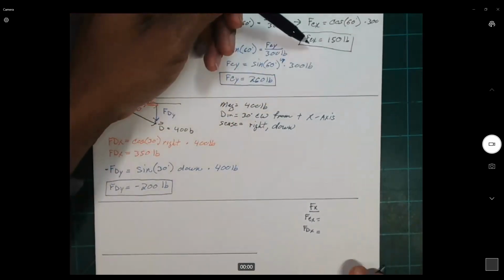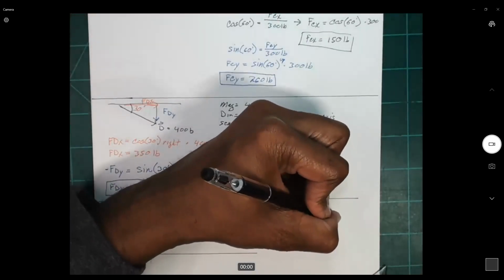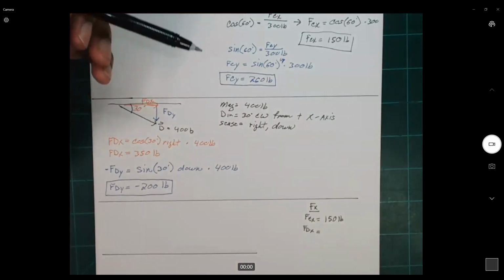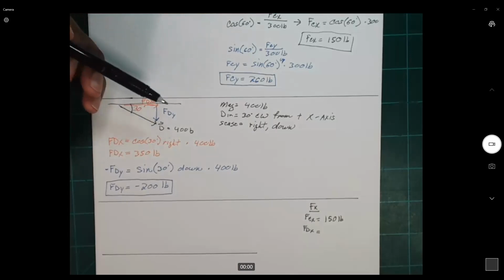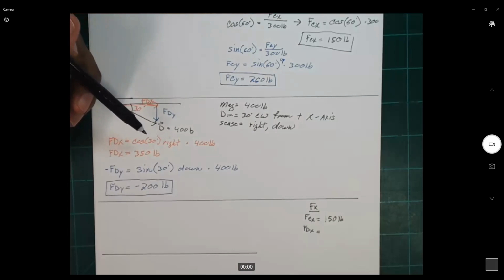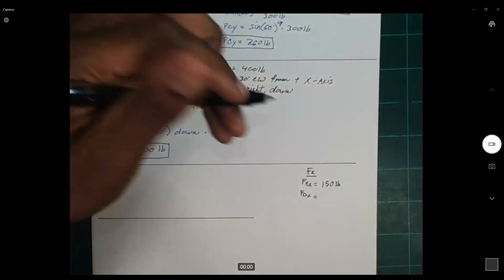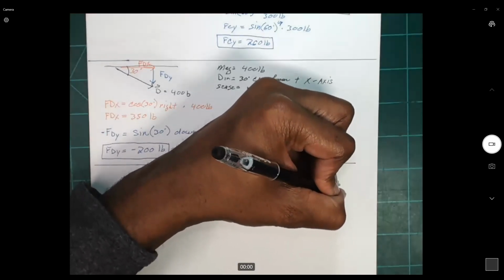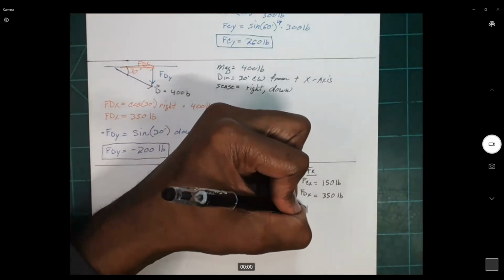Equals 150 pounds. And Fdx equals 350 pounds. Okay. Now let's start Fy's.